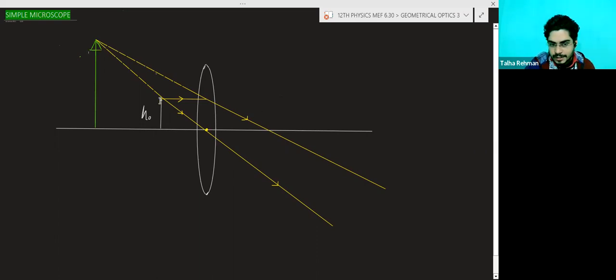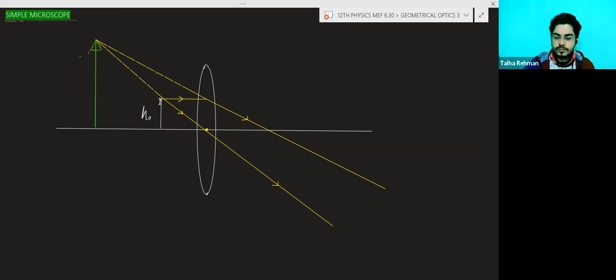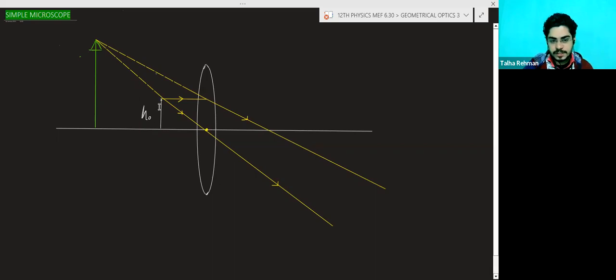So here the object is placed that you want to see, and when you see like this in a simple microscope, and the object is within focus, then of this object you will get a magnified image.